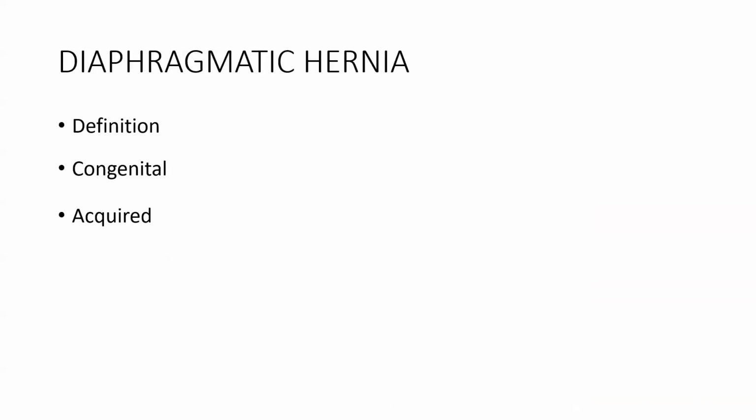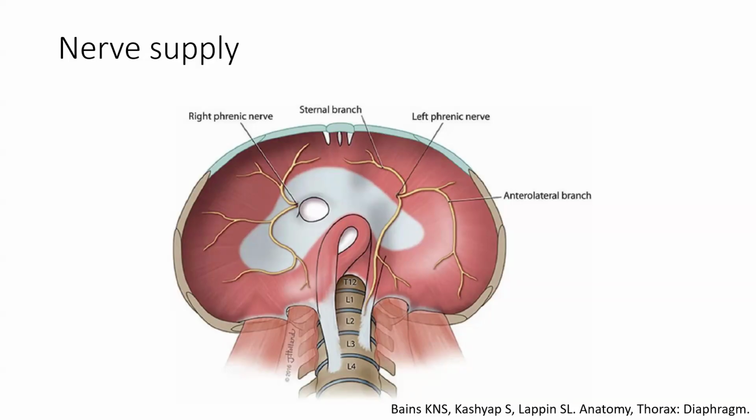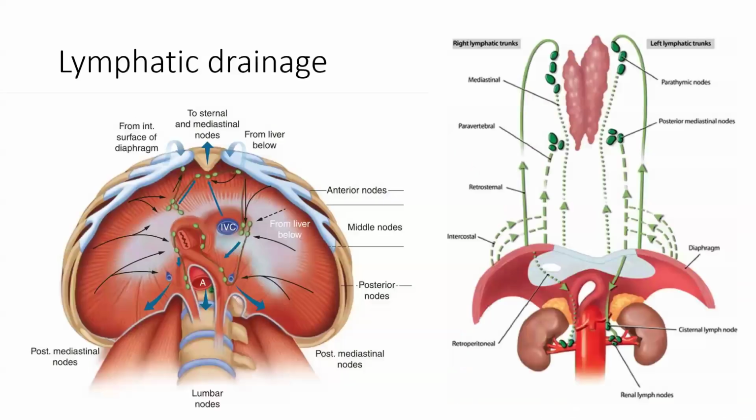In the anatomy that you mentioned so far, which part of the anatomy is important as a surgeon? You mentioned arterial supply, venous drainage, lymphatic drainage, nerve supply. Which one are you more interested in as a surgeon? Nerve supply, sir.